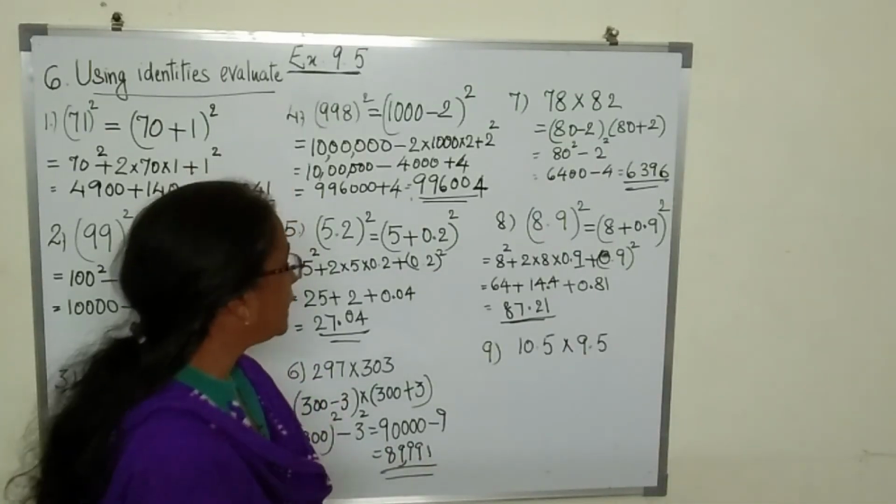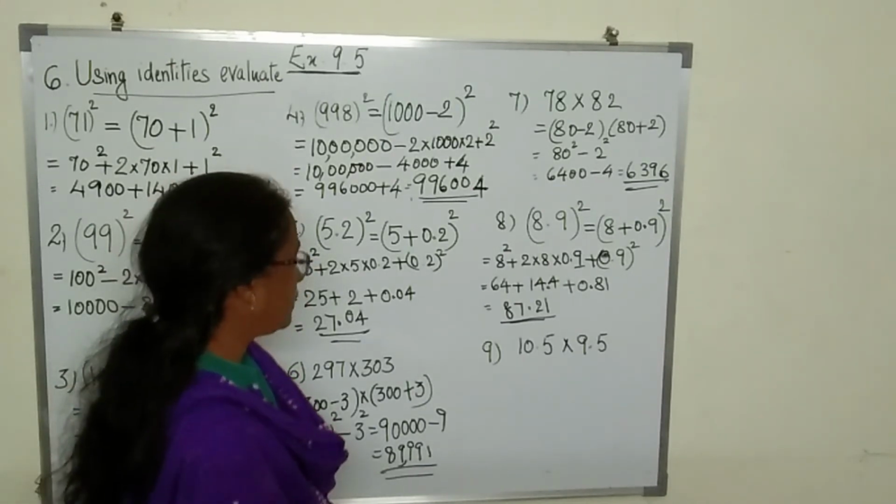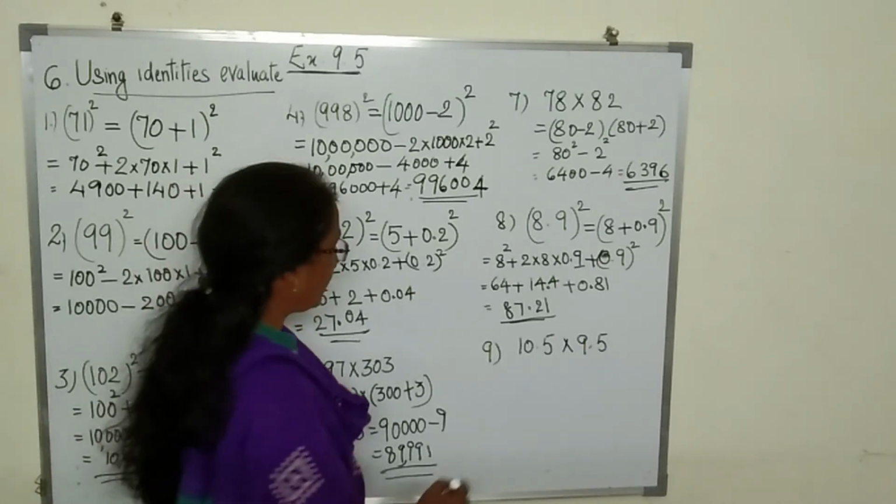Now here 10.5 multiplied by 9.5. Which is the zero ending number between them? 10.